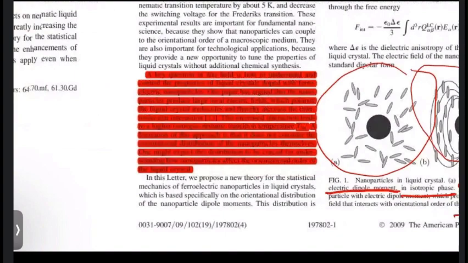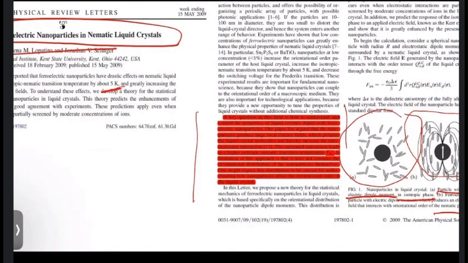One interesting thing to note, if we read this part, a key question in this field is how to understand and control the properties of liquid crystals doped with ferroelectric nanoparticles. They are telling why they are working on this subject. One paper has argued that nanoparticles produce a large local electric field which polarizes the liquid crystal molecules and thereby increases the intermolecular interaction.